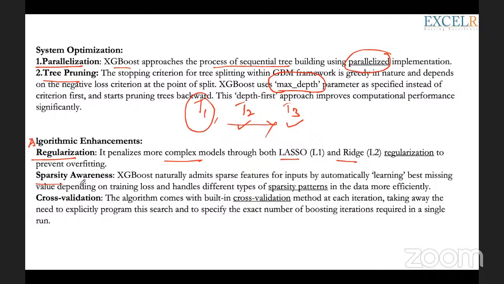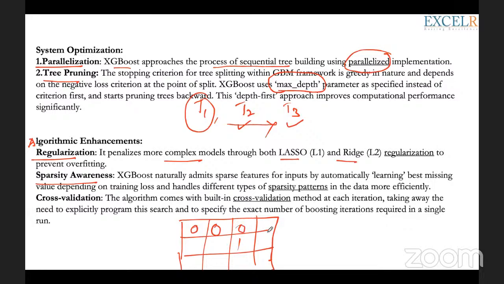And sparsity awareness. Sparsity is basically when you have more zeros in the input data, like 0, 0, 1, 5, 0. When you have more zeros in an input data set, that is called a sparse data set.